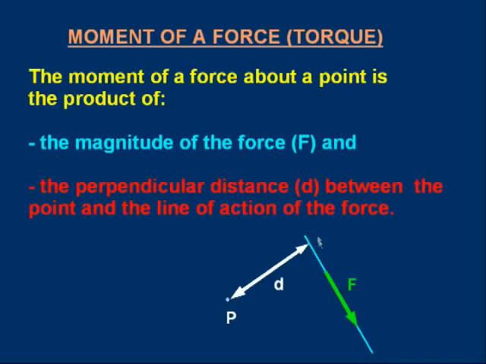It's that line from P to the line of action, and they are perpendicular to each other. So moment is simply force times distance, that is tau is equal to F times d.